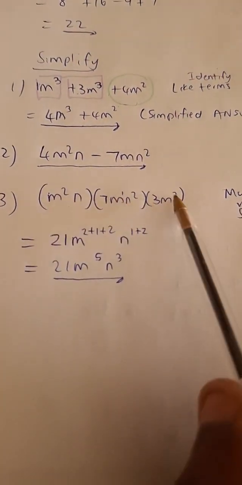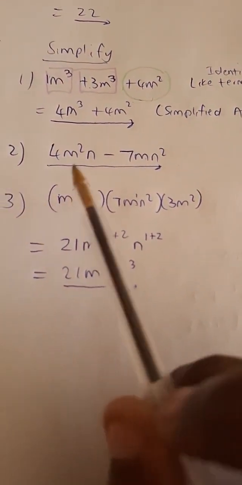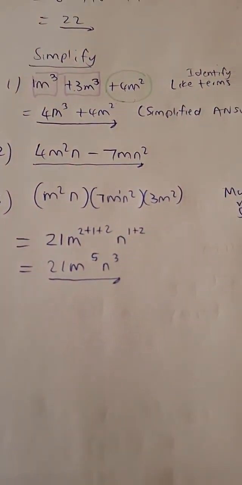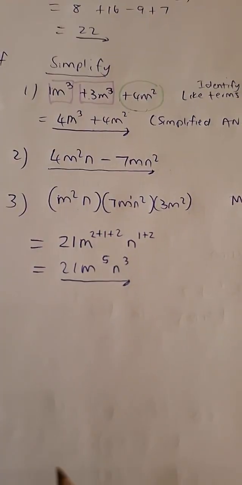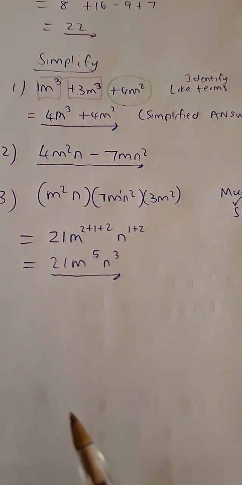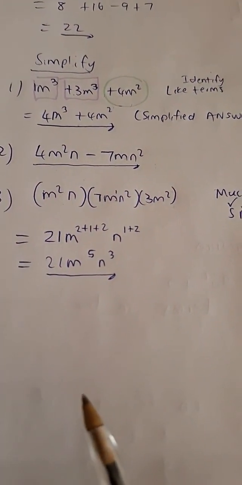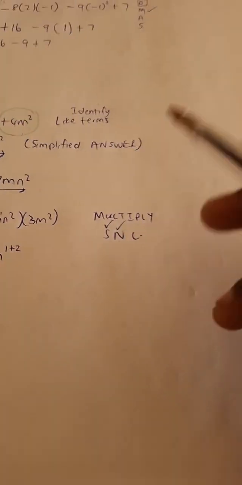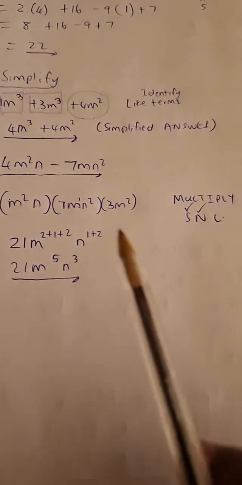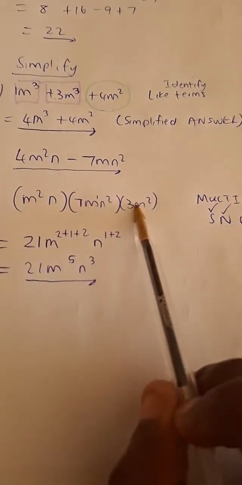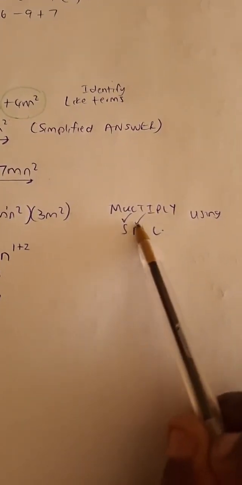What just happened here? I multiplied 3 monomials. Multiplication of monomials. How do I multiply monomials? Grade 9, you multiply using S, N and L. You multiply the signs of the 3 monomials, tick.